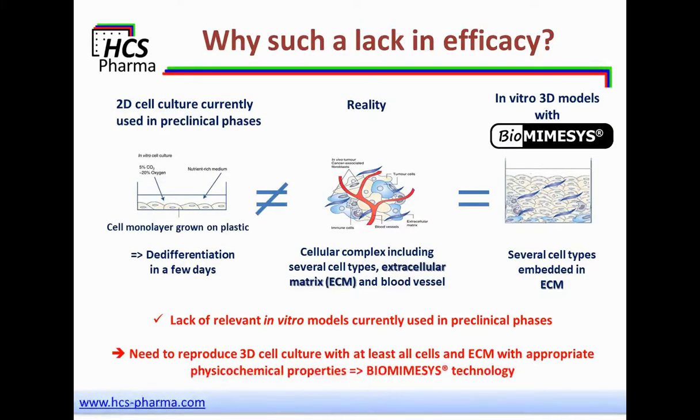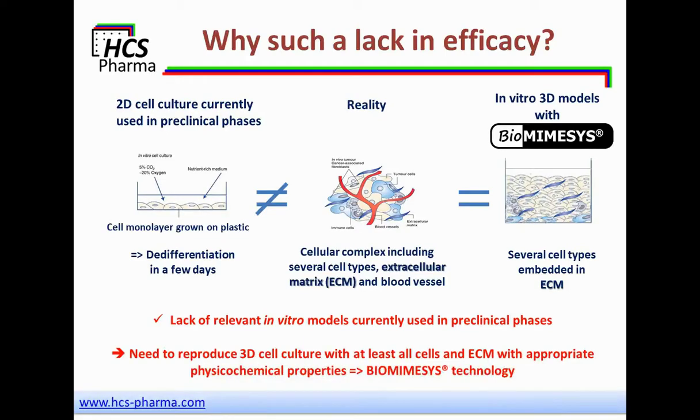In fact, most of the screenings in the early stages of drug discovery are performed on 2D cell cultures, meaning cells grown on plastic as monolayers most of the time. The point is that they dedifferentiate within a few days, while in reality the cells are grown in a complex environment. Different cell types are together. They are all embedded in extracellular matrix, and there are also blood vessels, which is obviously not the case in 2D.